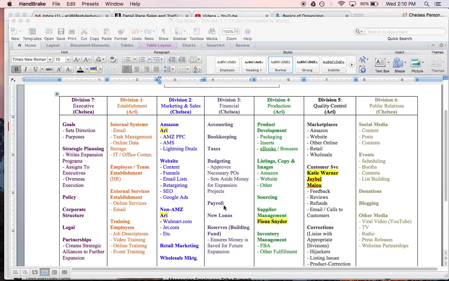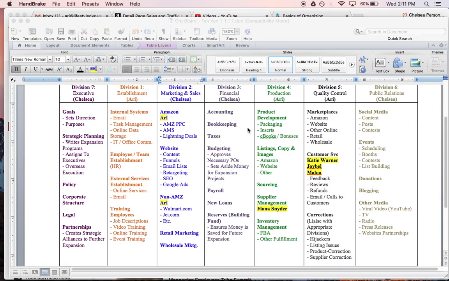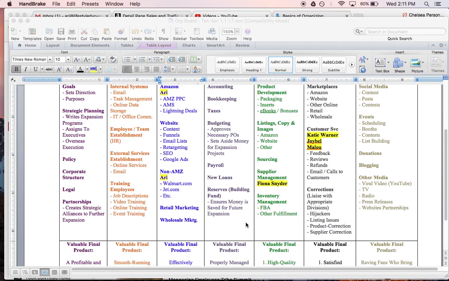We could call it accounts receivable, accounts payable, whatever terminology you want to use. That is the division that is responsible for anything to do with money. And part of that is building a reserve of money, saving money in what we call a building fund account. This ensures that money is saved for future expansion. You can't just spend every penny you make in business, because then you won't have money to launch new products or to expand, and you'll just go into debt forever.